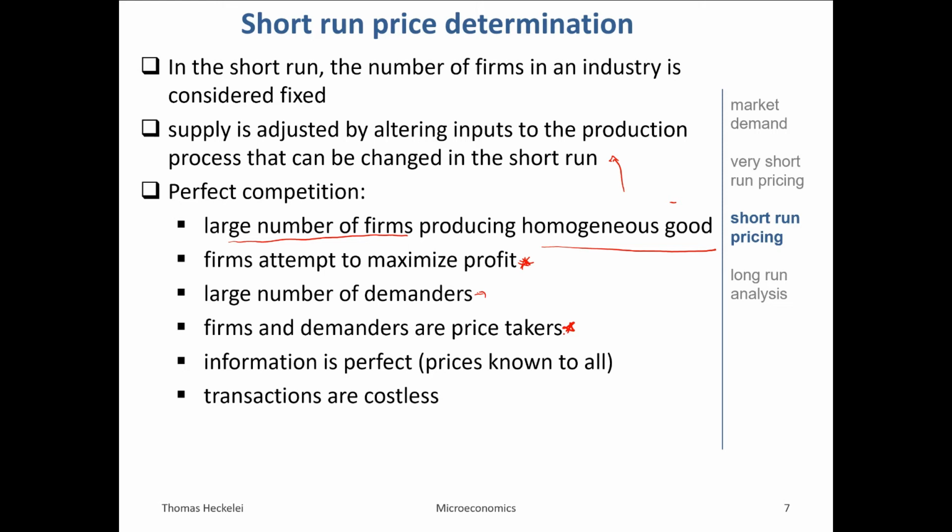Price is known to everyone. So assuming there is no friction in the market or no private information, and transactions are costless. So there are no transaction fees and such things.